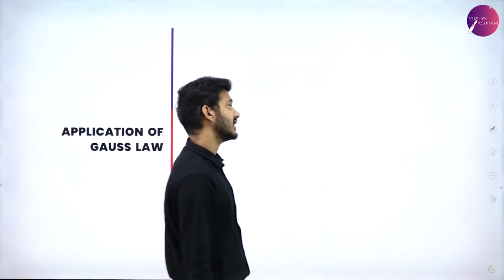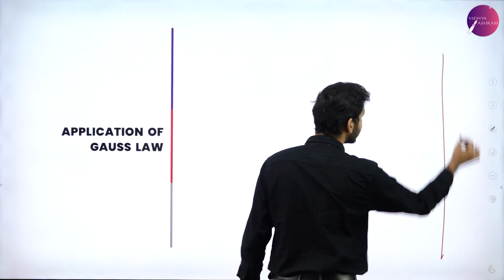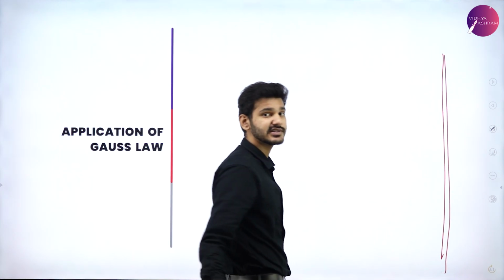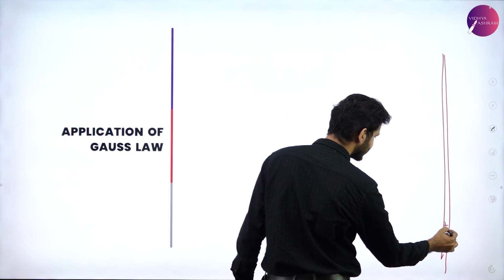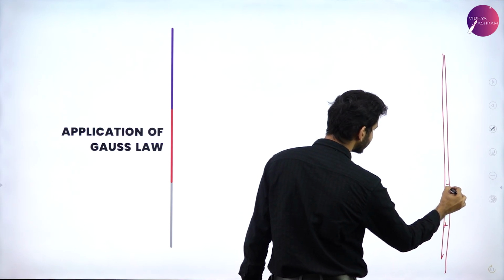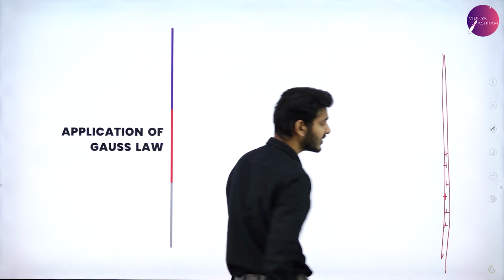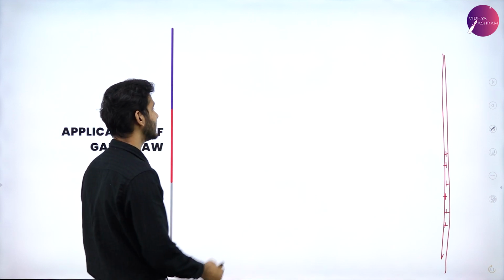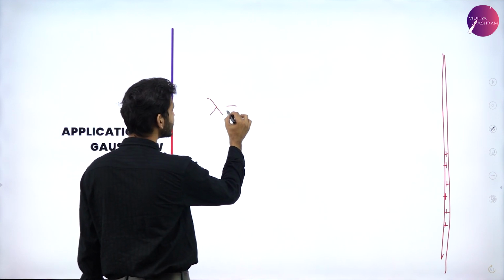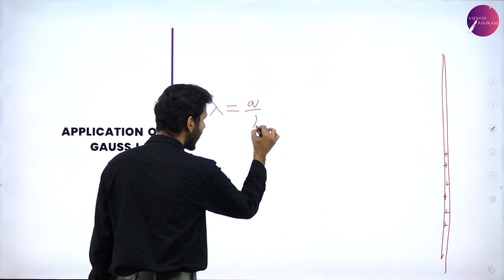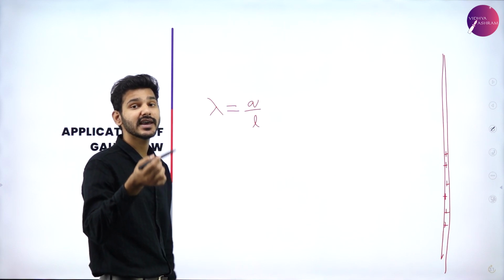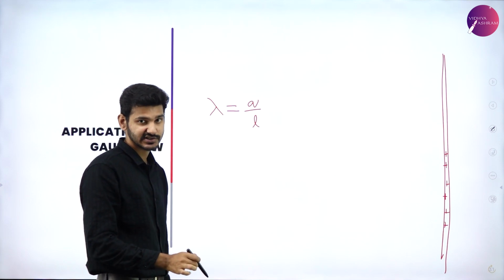Finally, to summarize, if you have an infinitely long wire which is charged, let's say in this case it is positively charged, first we will have the linear charge density, which is given by lambda equal to Q by L. Don't forget, it is not Q by A, that is for surface charge density.